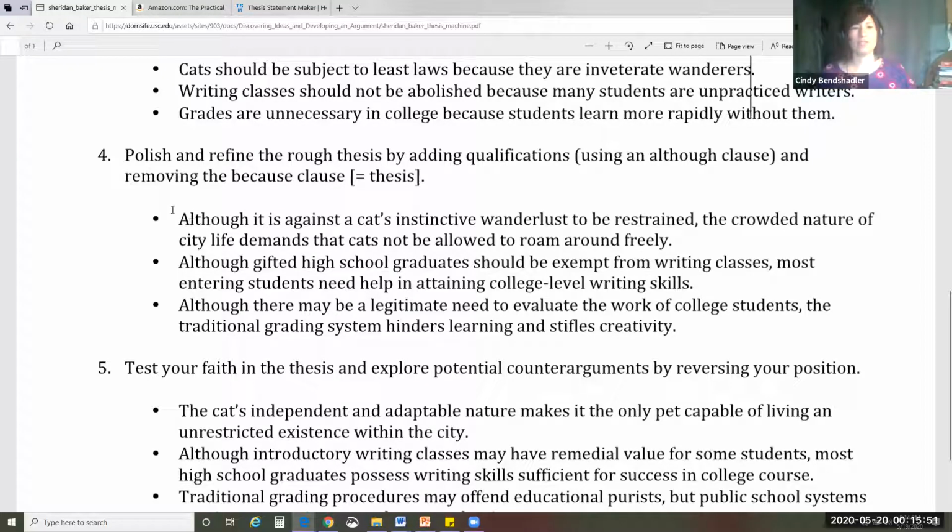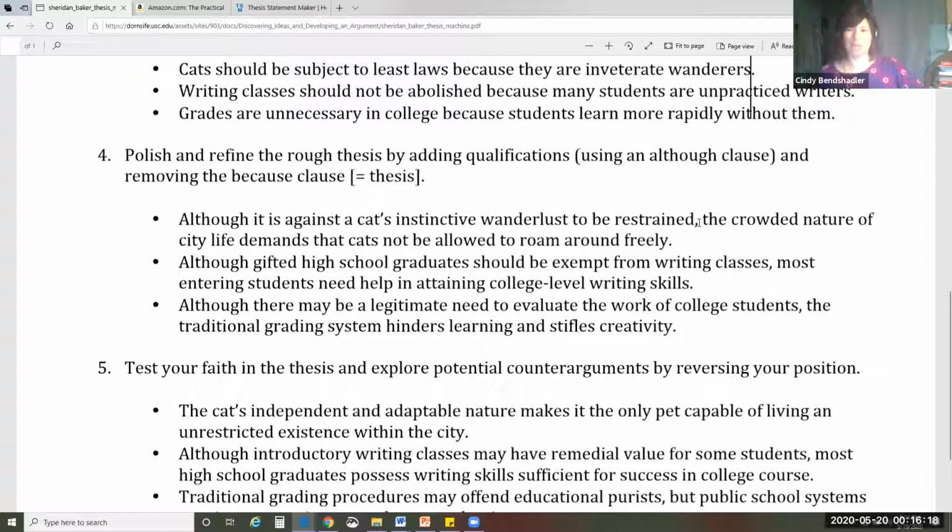And so here it says, although it is against a cat's instinct of wanderlust to be restrained, right? That means that cats don't want to be restrained. Cats don't like to be restrained. That's kind of acknowledging the counter argument there, right? Acknowledging the opposing viewpoint. The response is the crowded nature of city life demands that cats not be allowed to roam around freely, right?